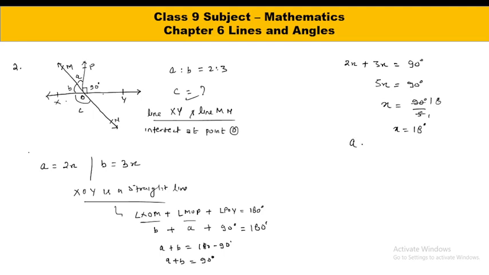So angle A will be 2x, that is 2 multiplied with 18 degree, 36 degree. Then B will be equal to 3x, 3 multiplied with 18 degree, that will be equal to 54 degree. So in this way we have found angle A and angle B. Now what about angle C?